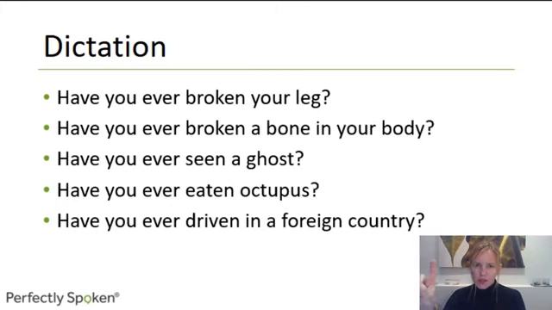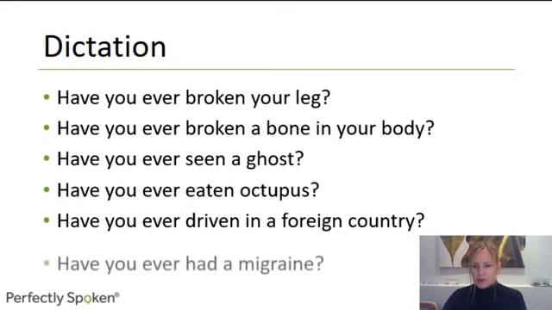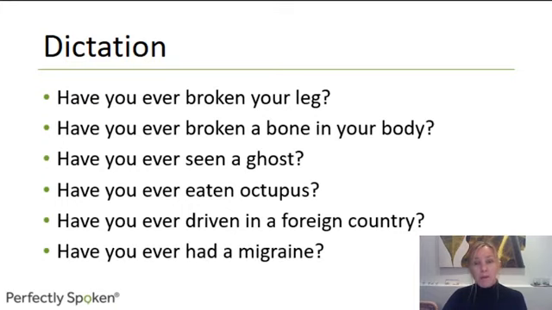Notice the pronunciation of foreign. It has a G in it. We do not pronounce the G. Foreign. Have you ever had a migraine? It's interesting, the word migraine. I say migraine, but I have heard people say migraine.